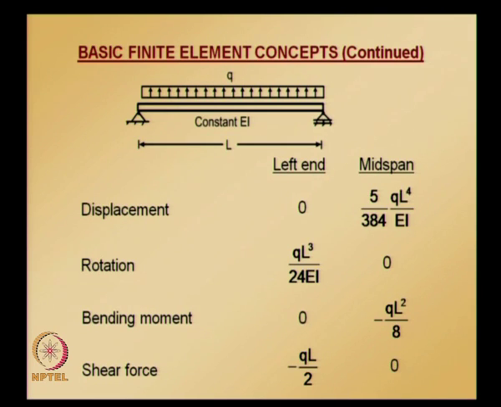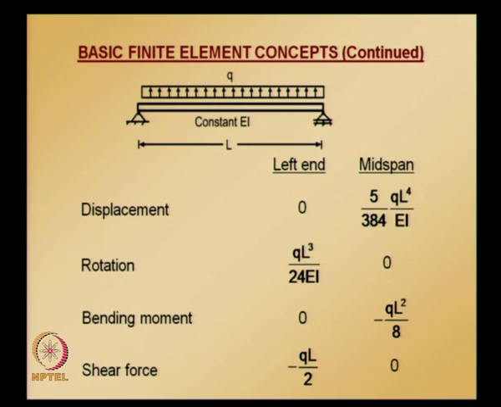The exact solution is: the transverse displacement at the left end is 0, and at mid span the transverse displacement is 5QL^4 over 384EI, where Q is the distributed load.